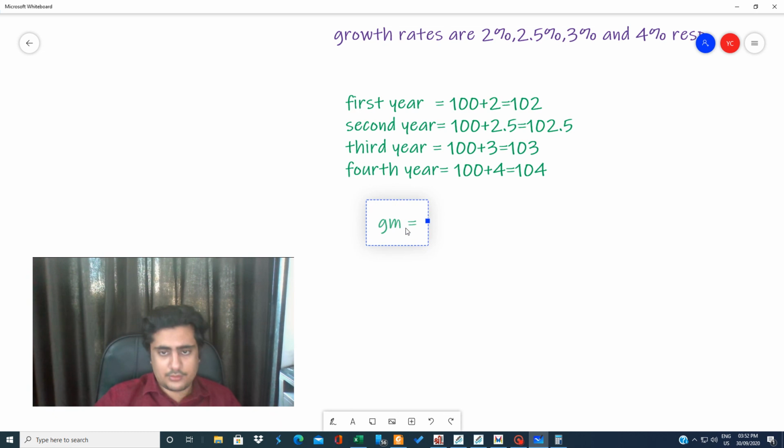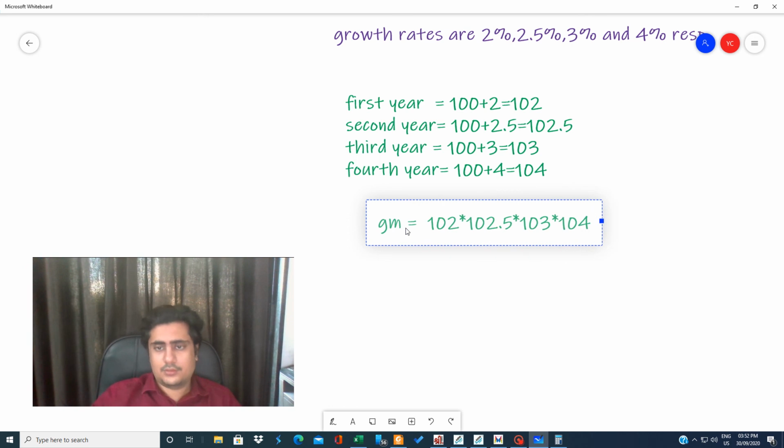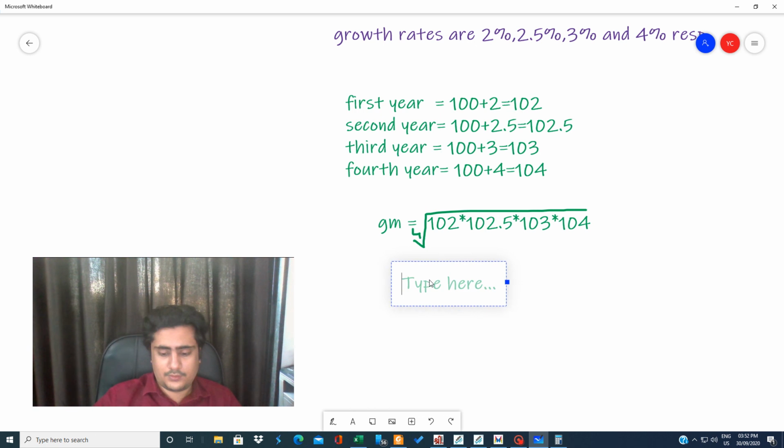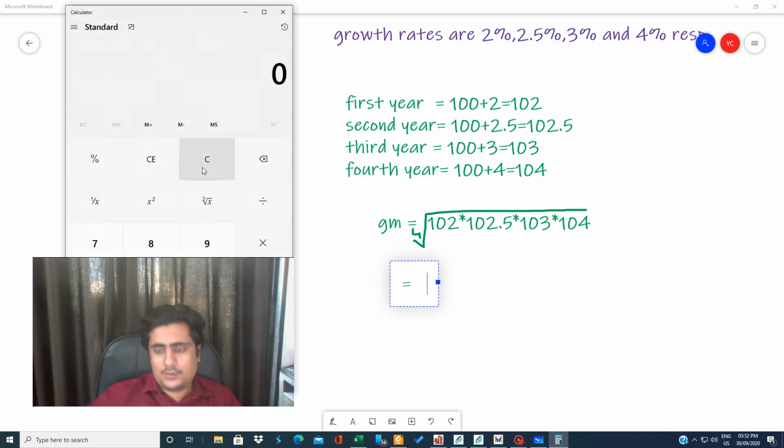Okay. Now how would you find the geometric mean? We'll multiply everything and we'll be doing fourth root for the same. So it's 102, 102.5, 103, 104.